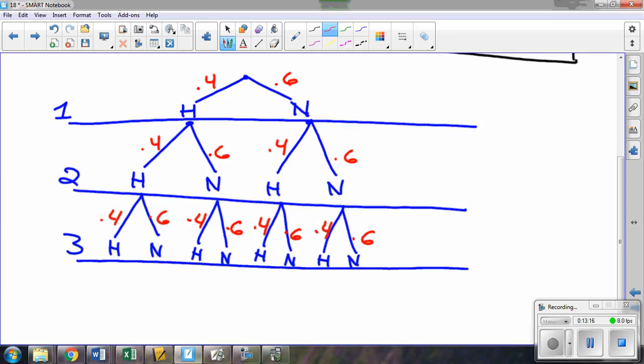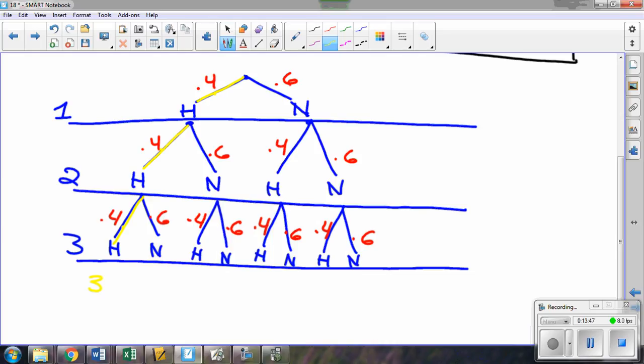In order to calculate the probability model, we're just going to follow the paths and see how many hits he gets. Hit, hit, hit. How many hits were there? Okay, so 3 hits has a probability of 0.4 multiplied by 0.4 multiplied by 0.4, taking each of the 3 paths.